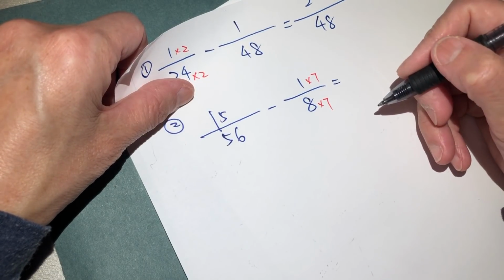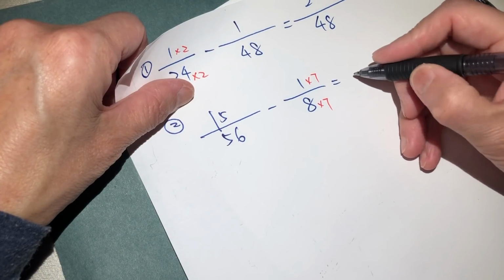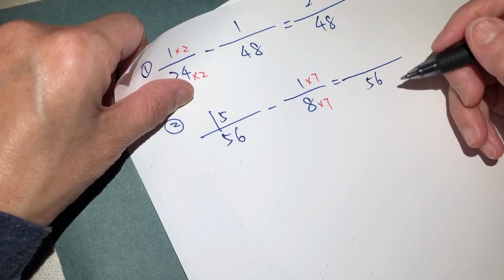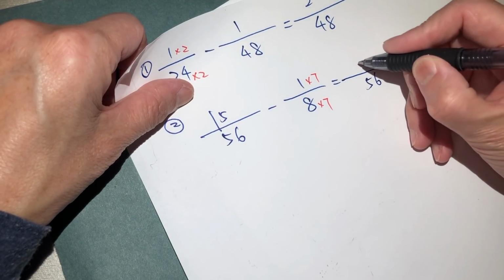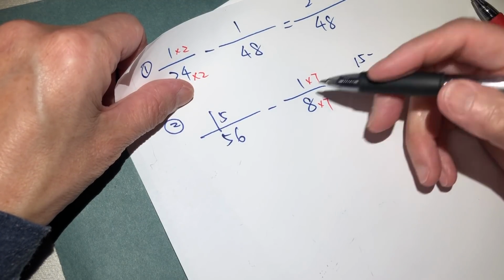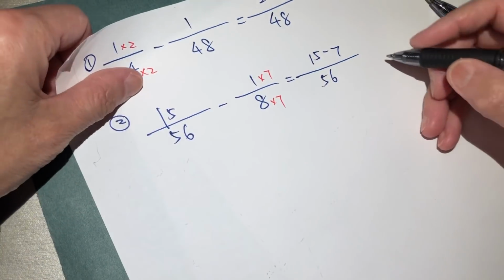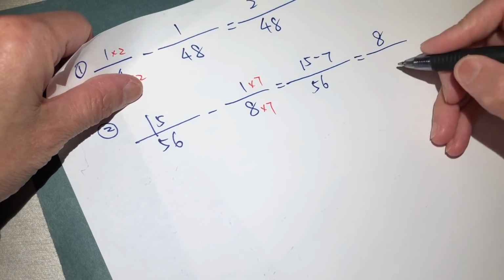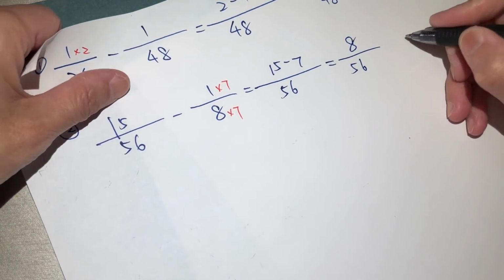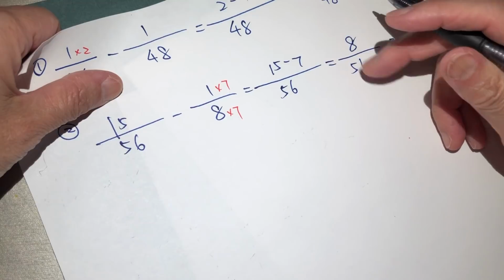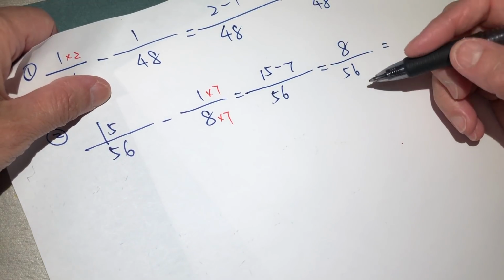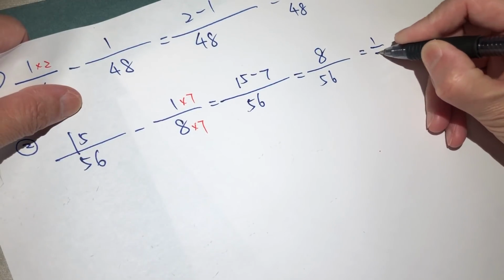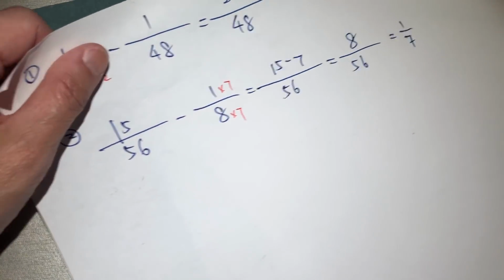Equal to, 56 is the denominator. 15 minus 7 equals 8 over 56, and they can both be divided by 8, which is 1 over 7.